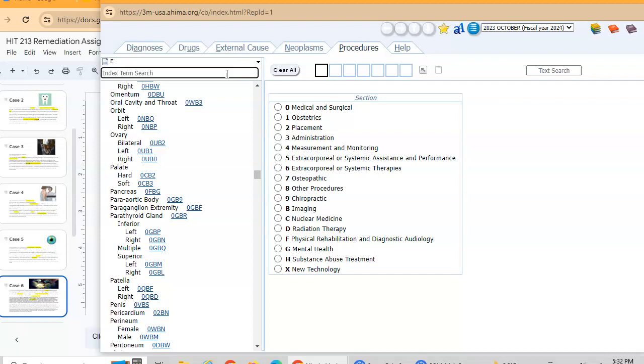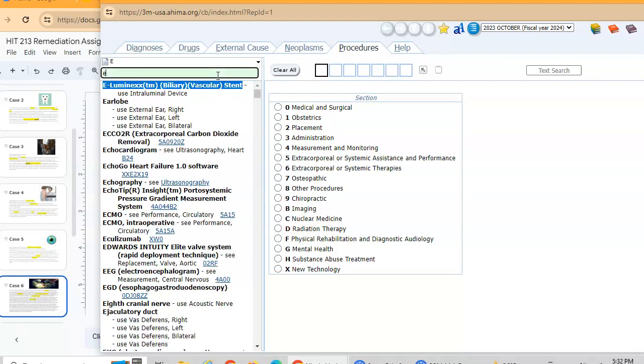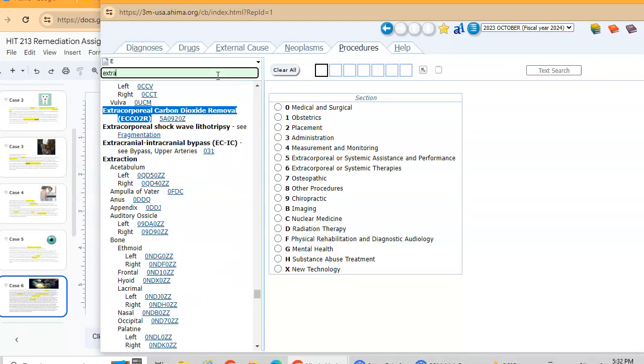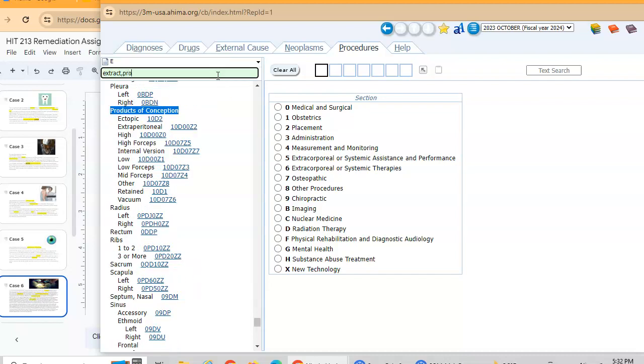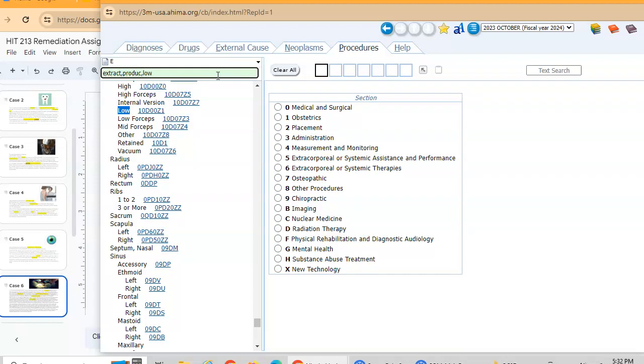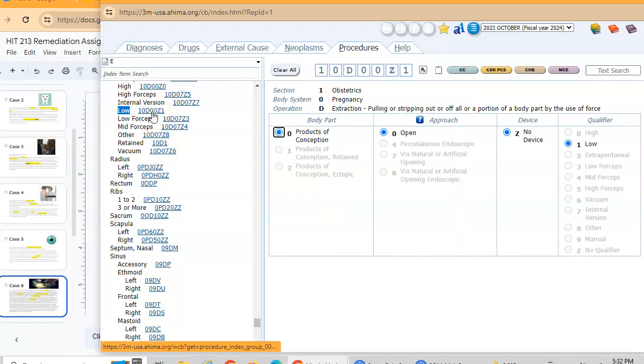We are going to start with, since we know that they're giving a C-section, extraction, and we know that it's a product of conception since she's pregnant, and then we know that it was the low transverse. So that gives us our code of 10D00Z1.